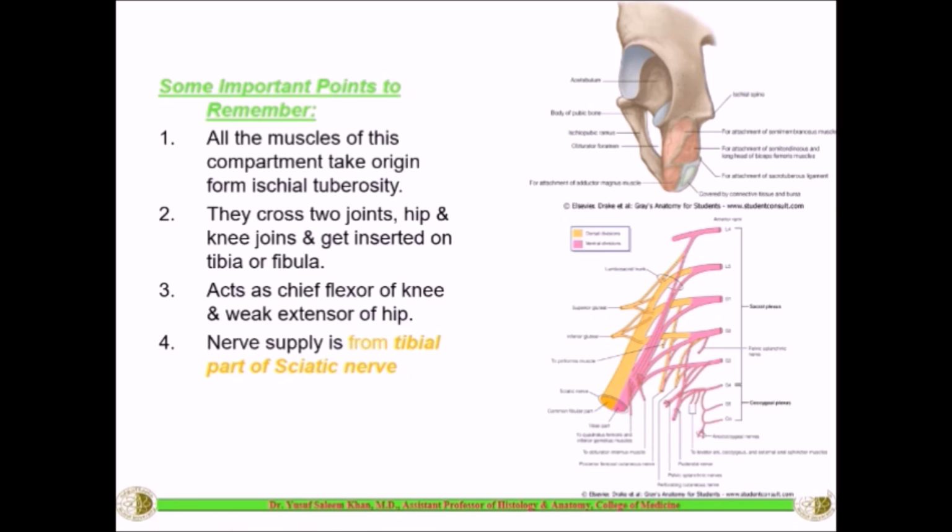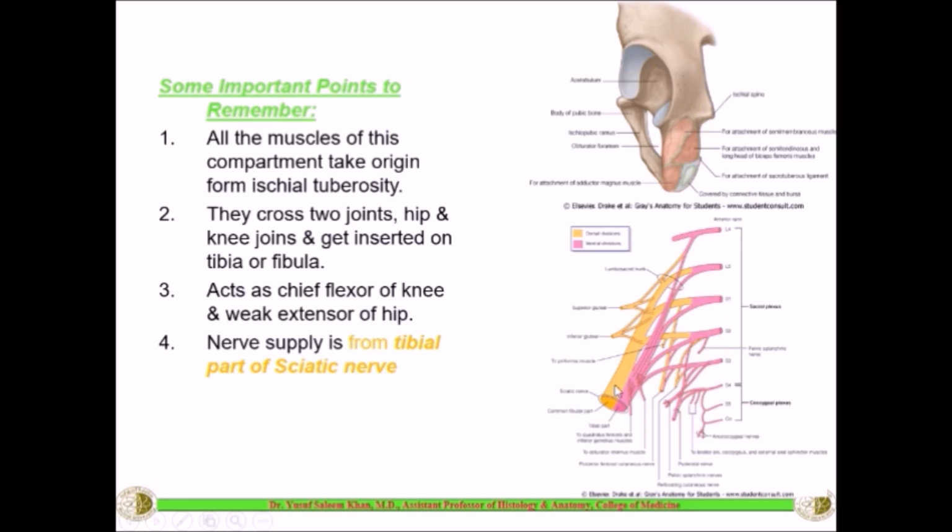All these three muscles are supplied by the tibial part of the sciatic nerve. If you see here, in this picture you can see the sciatic nerve. This is the lumbosacral plexus or sacral plexus, which begins from L4, L5 and ends at S3. This nerve has been colored in two colors.